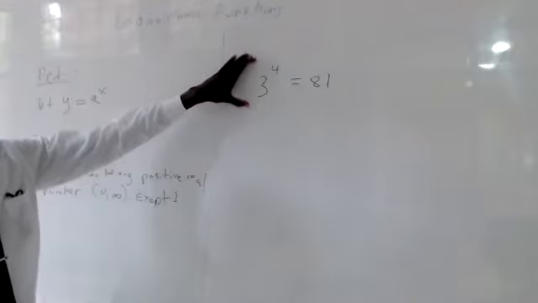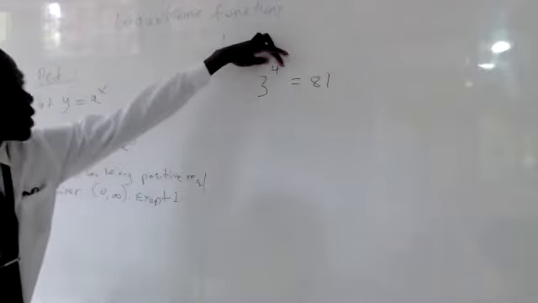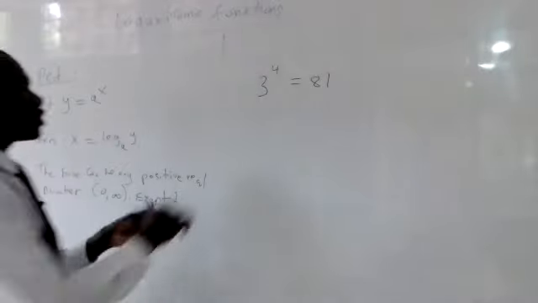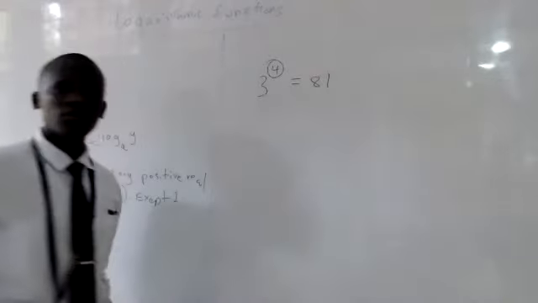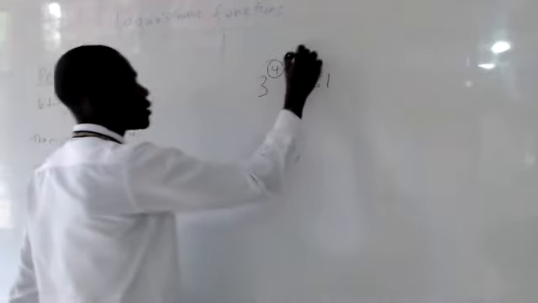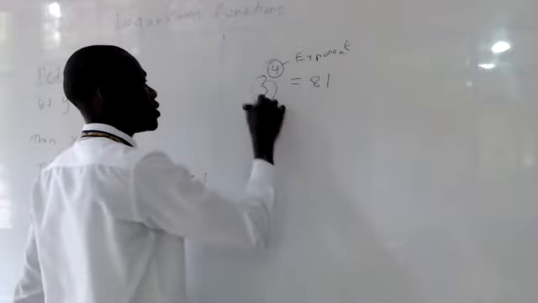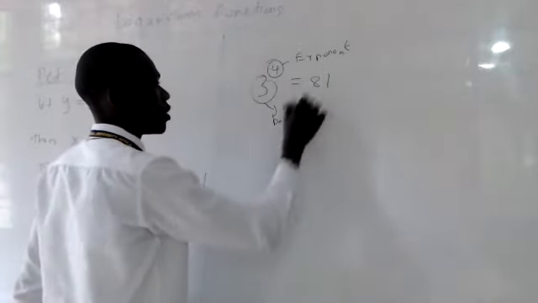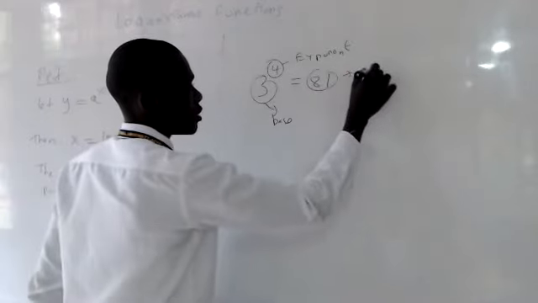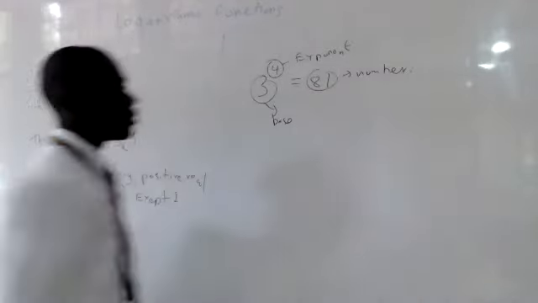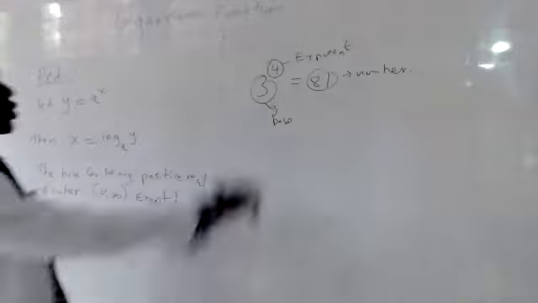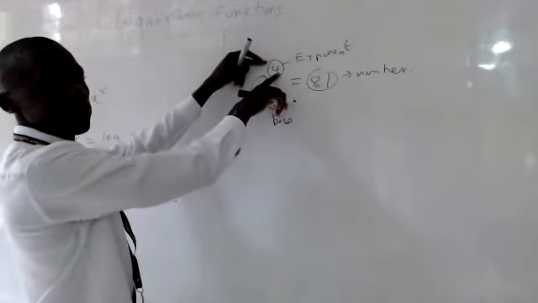How do you write this in the logarithmic form? We said that the exponent is the logarithm. In this case, the exponent is 4, the base is 3, and this is just the number. So you start with the exponent, which will be the logarithm.